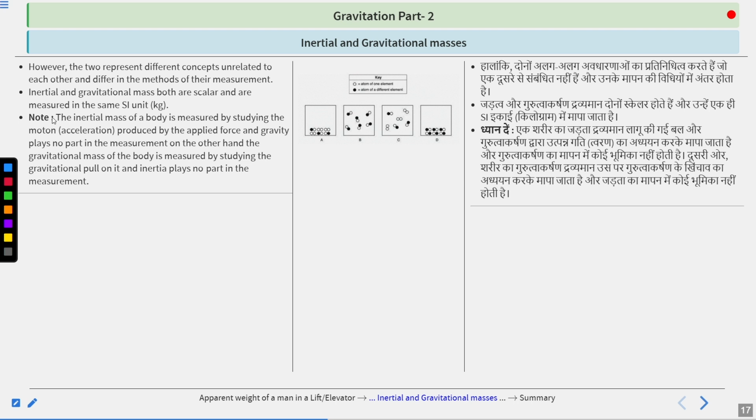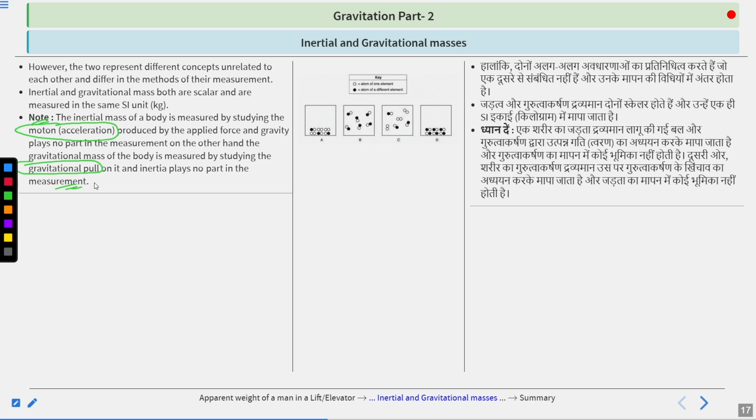There is an important note written down over here. The inertial mass of a body is measured by studying the motion, that is the acceleration, produced by the applied force, and gravity plays no part in the measurement. On the other hand, the gravitational mass of the body is measured by studying the gravitational pull on it, and inertia plays no part in the measurement.